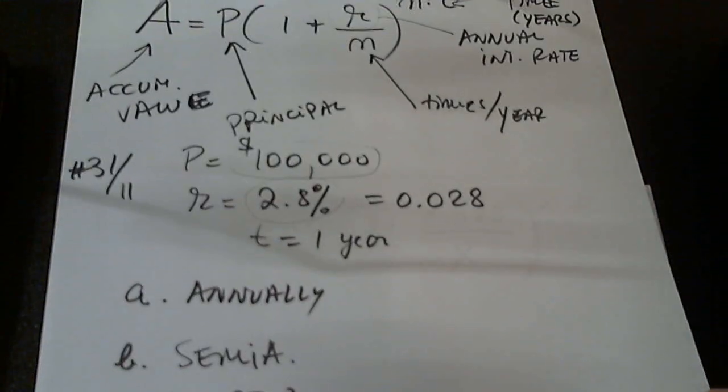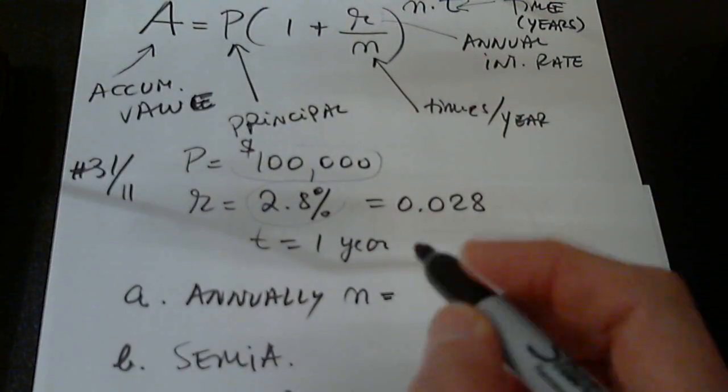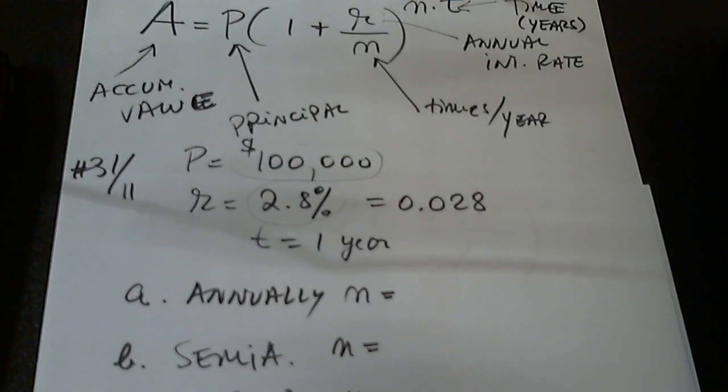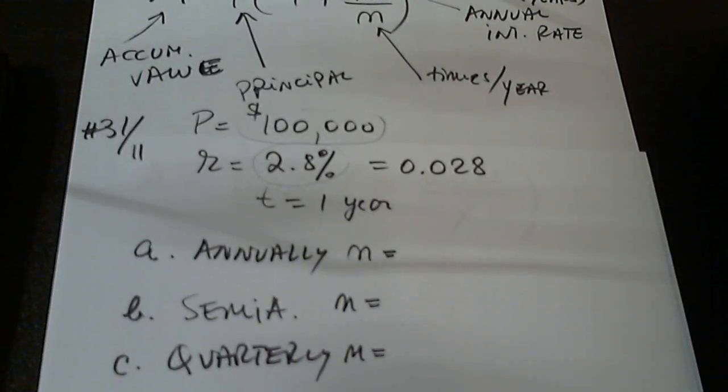Can anyone identify n for us here, n here, n here, n here, and n here? And then I'll show you how we proceed. N for part A. Marcus, what do you think?